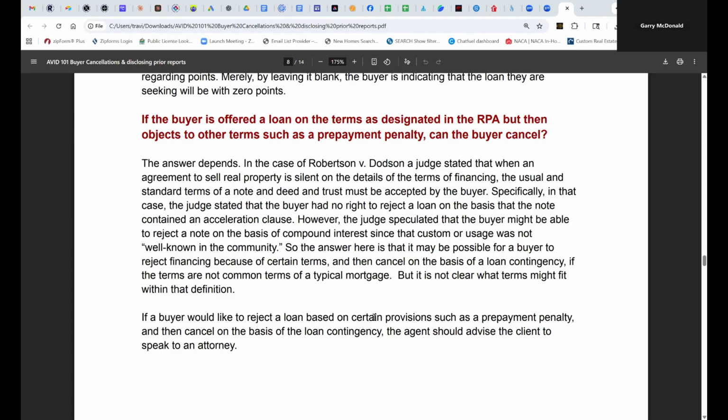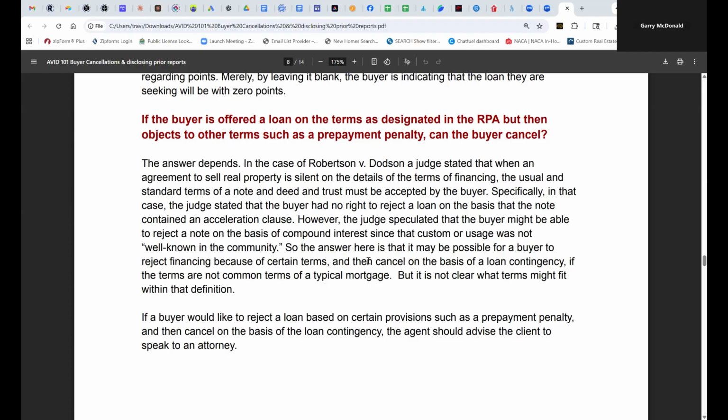Specifically, in that case, the judge stated that the buyer had no right to reject a loan on the basis that the note contained an acceleration clause. However, the judge speculated that the buyer might be able to reject a note on the basis of compound interest, since that custom or usage was not well known in the community.